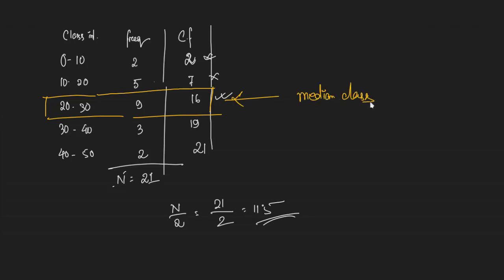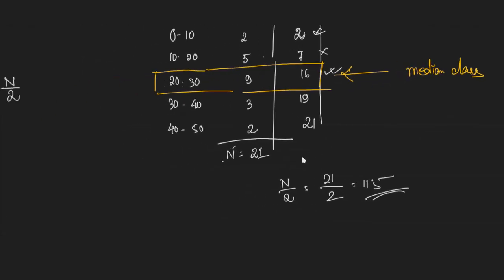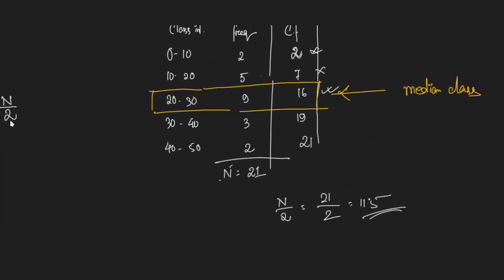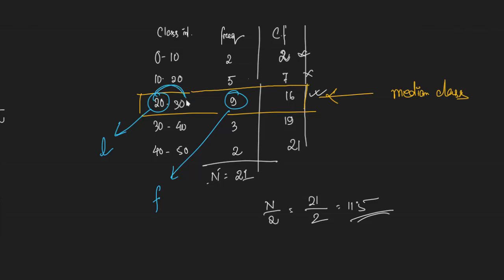Right, so after defining the median class, the rest is easy. You mark the lower value of the class, that is your L. You mark its frequency, that is your f. The difference of the class, that is your h.